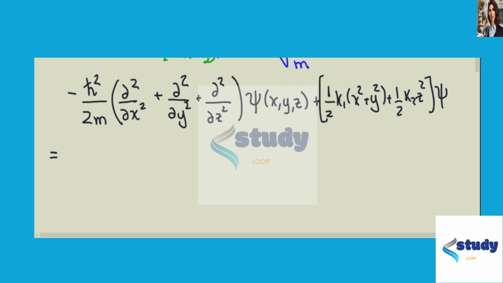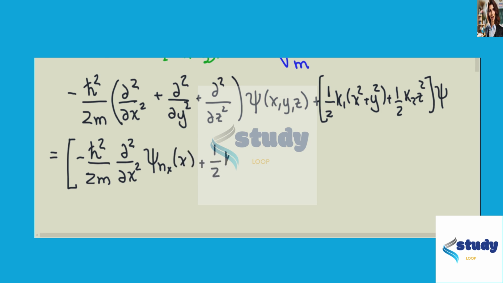So notice that this is equal to minus h bar squared over 2m times d2 dx2 of psi nx of x plus 1/2 of k1 x squared psi nx of x, times psi ny of y, psi nz of z.